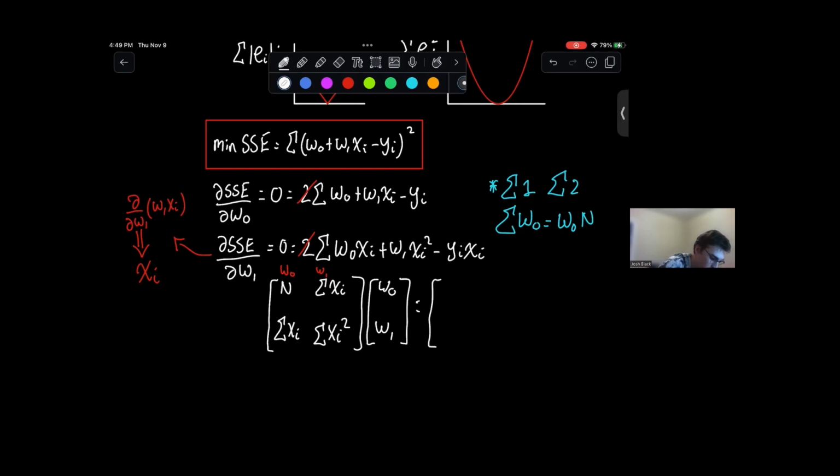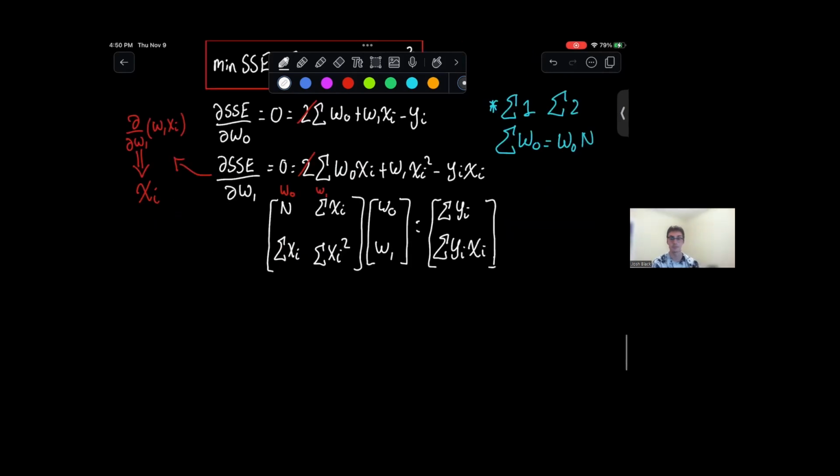That is going to be equal to the sum of y_i and the sum of y_i x_i. And that's a regression function. That is linear regression.